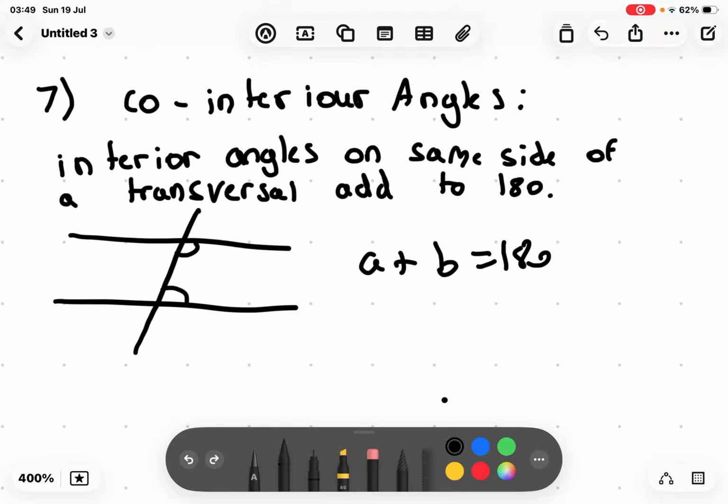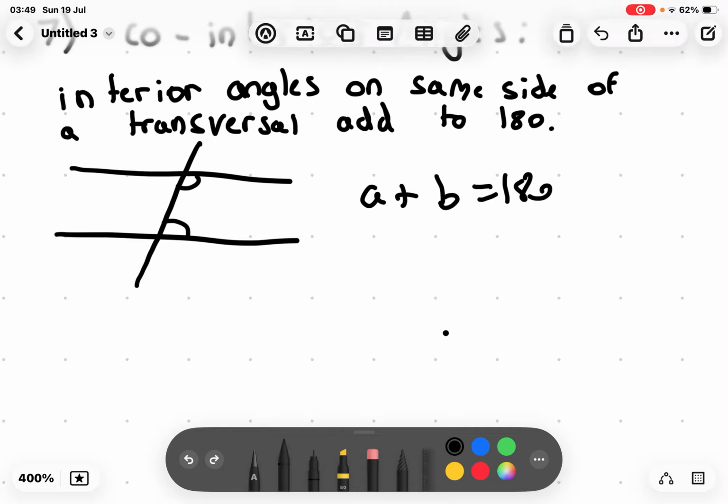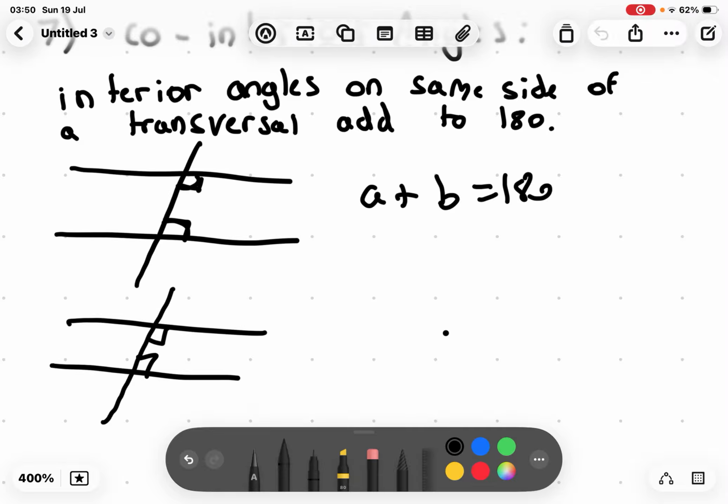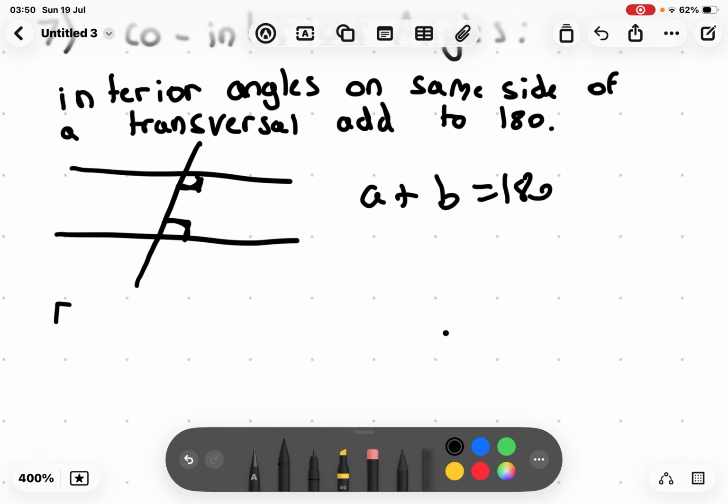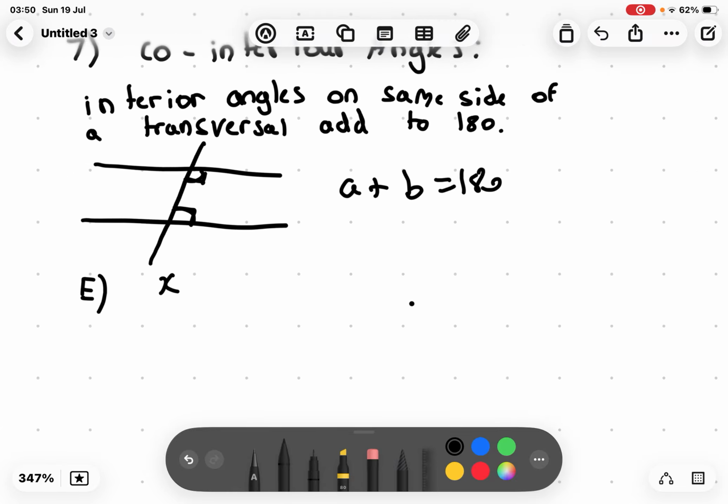And the way it works is most likely because they usually would form 90 degrees, because a straight line and a straight line kind of makes that. However, the example is find x.